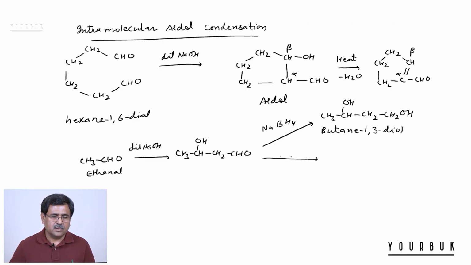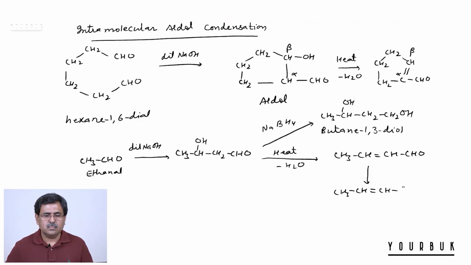And if you heat this compound, it can undergo dehydration to form but-2-enal, and but-2-enal can be oxidized to butenoic acid too by using Tollens reagent or Fehling solution. So a number of conversions can be performed via aldol condensation.